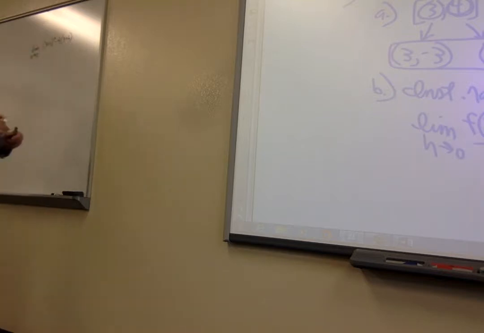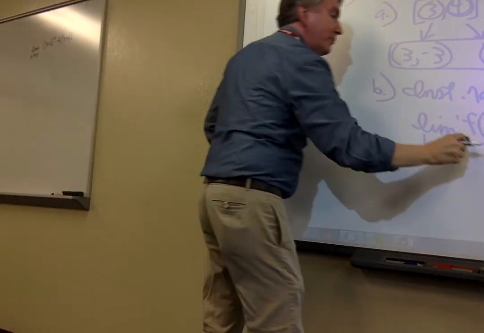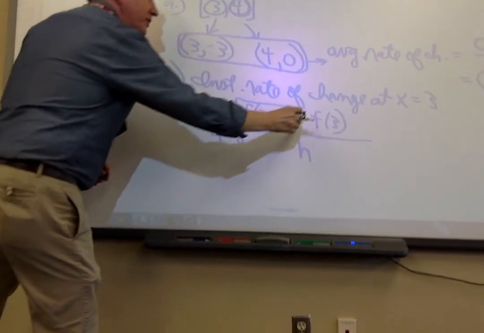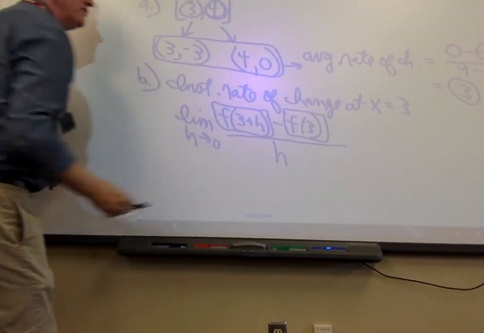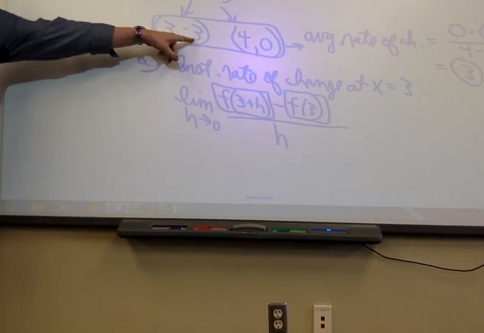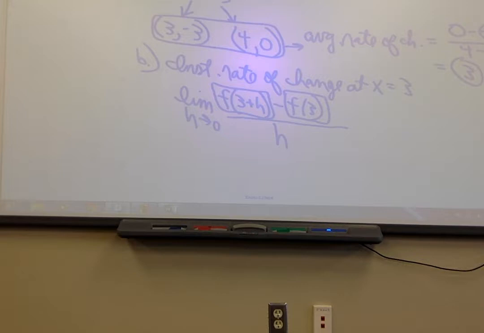Well, I'm done with this part. Could you tell me, we've already seen what this is. What is f of 3? If you plug in 3, we got what? Negative 3. So this is minus negative 3 over h.